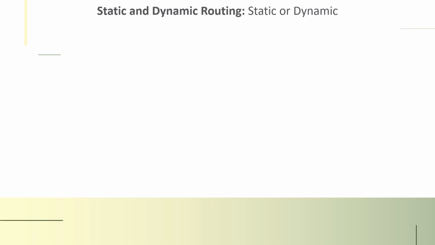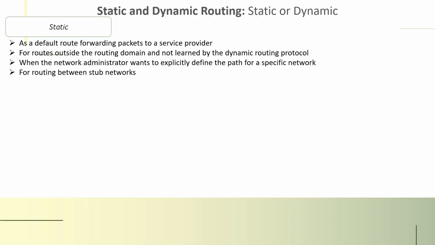Rather, most networks use a combination of dynamic routing protocols and static routes, because static routes are commonly used in scenarios such as a default route forwarding packets to a service provider, for routes outside the network domain and not learned by the dynamic routing protocol, when the network administrators want to explicitly define the path to a specific network, and for routing between stub networks.